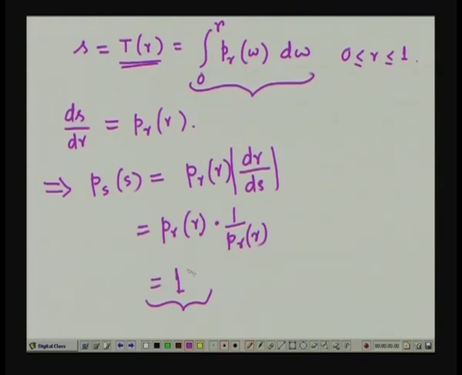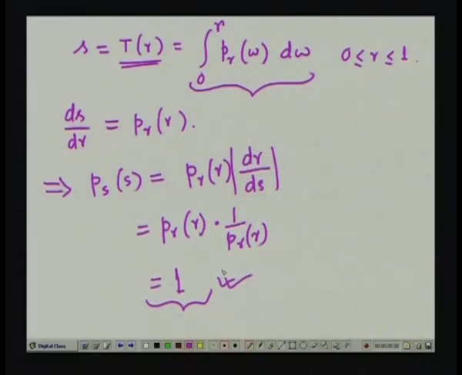And this particular result is very, very important, that P_S(s) is equal to 1, and you find that we have obtained this result irrespective of T inverse(s). That is very important, because it may not always be possible to obtain T inverse analytically.